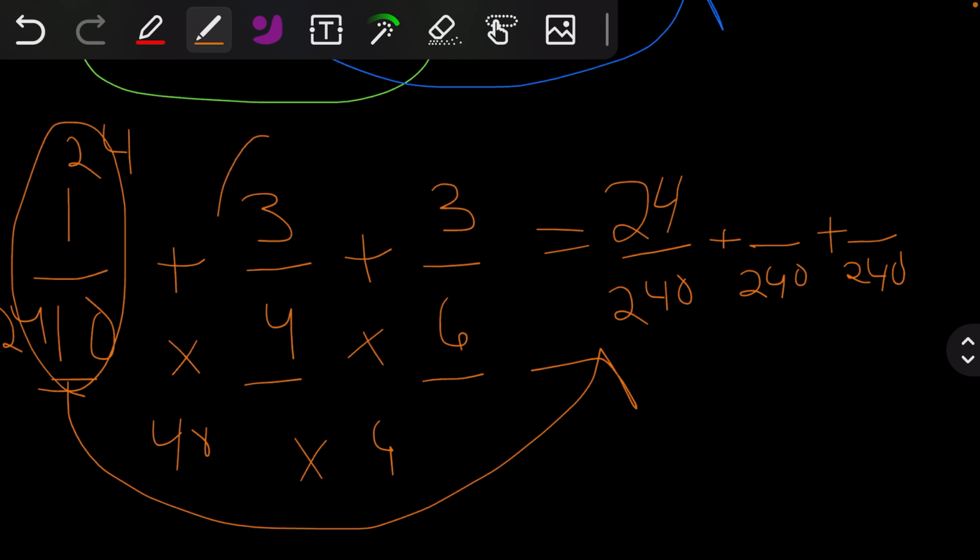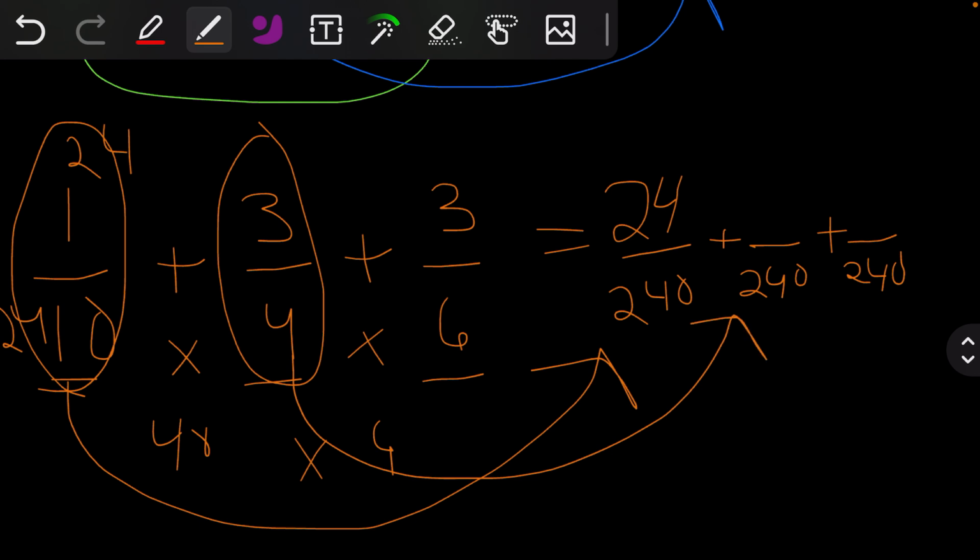Likewise, for our second fraction, we started with 4 as our denominator, and we ended up with 240 as our denominator. And that will be 60, if I am not mistaken. We scaled up this denominator by 60. 60 times 4 equals 240.